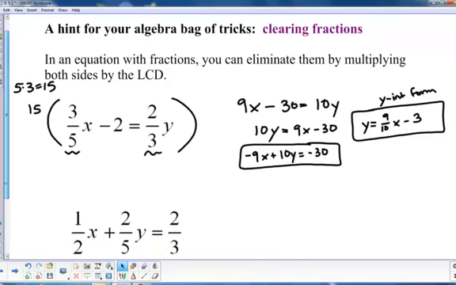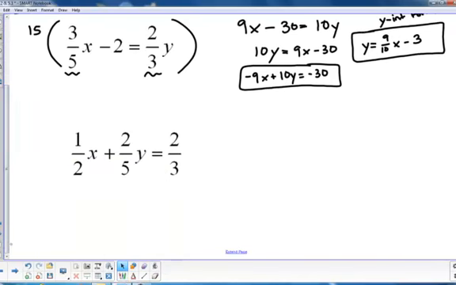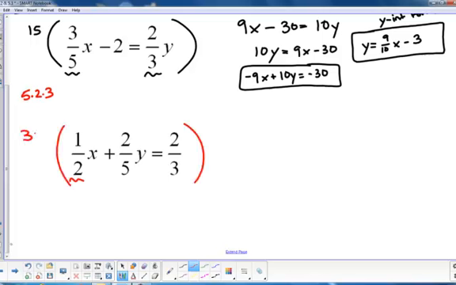So if you look at the second one down here, we've got a 2, a 5, and a 3 all in the denominator. So if we multiply by 15, we're going to get a decimal with the 2. So if you think about 5 times 2 times 3, that's 30. So if we multiply this whole thing by 30, we're going to get 15x plus, so I'm thinking 30 divided by 5 is 6, and 6 times 2 is 12.